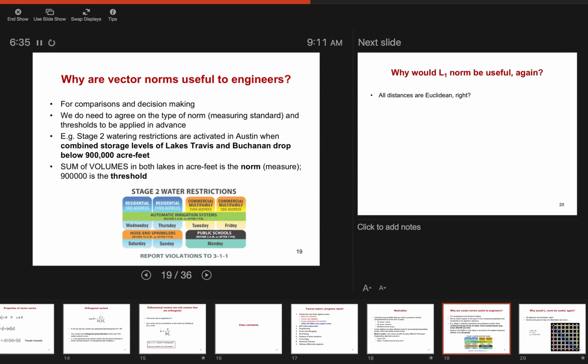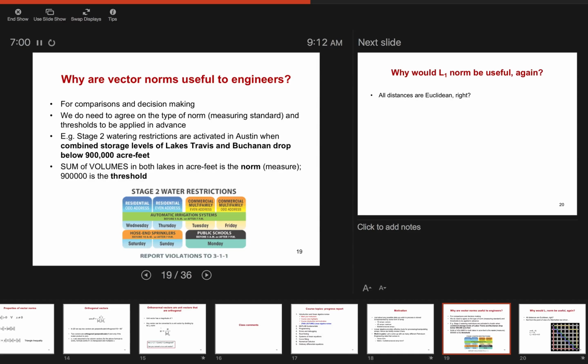So for instance, stage 2 watering restrictions are activated in Austin when combined storage levels of Lake Travis and Buchanan drop below 900,000 acre feet. LCRA, which is the Lower Colorado River Authority, collects that data, and you can actually monitor it online.